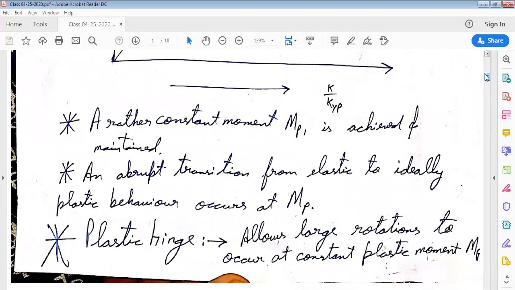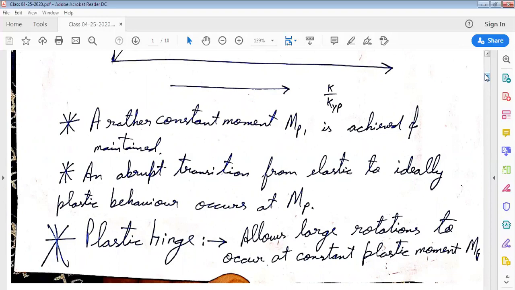And a rather abrupt transition from elastic to ideally plastic behavior occurs at MP. Now we'll introduce here the concept of plastic hinge. Plastic hinge is a hinge which allows large rotations to occur, and at the same time, on the plastic hinge, there is a constant plastic moment MP.